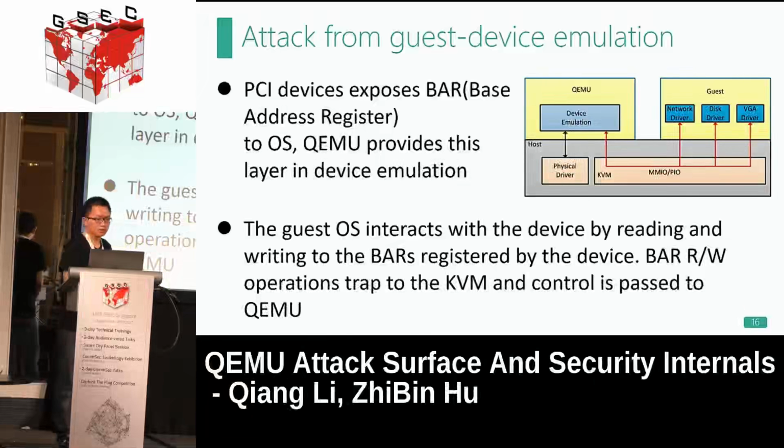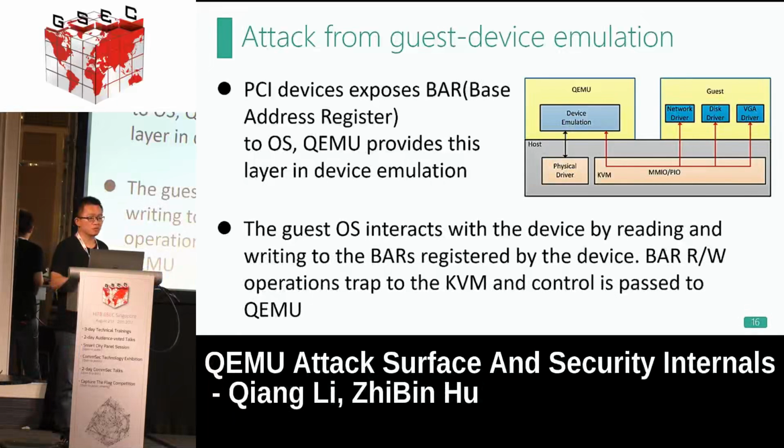So here is the device simulation data flow. As we know, the real hardware exposes base address registers, BARs, to the guest OS. So the guest OS can read or write these registers, and through this it can drive the hardware to work.